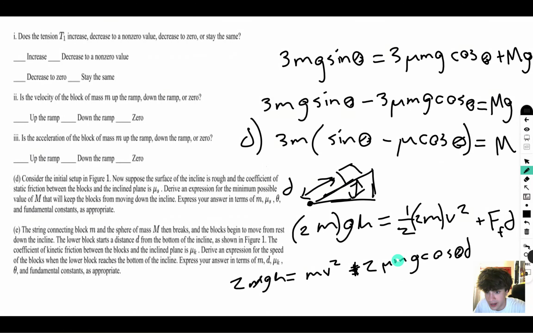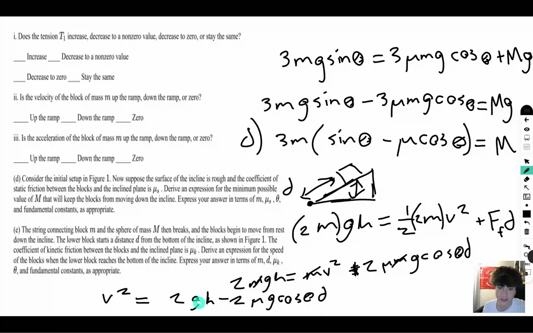From here we can cancel out our m's, and we're trying to solve for velocity here, so we're going to subtract this from both sides. We'll get v squared is equal to 2gh minus 2 mu g cosine theta times d.